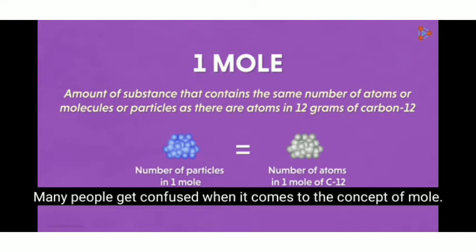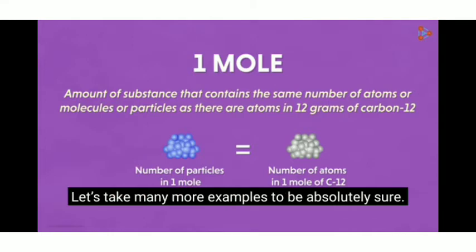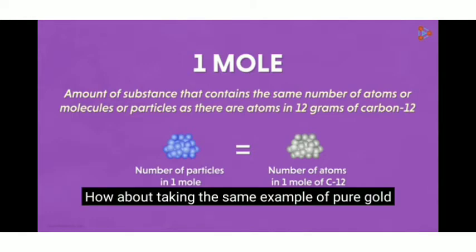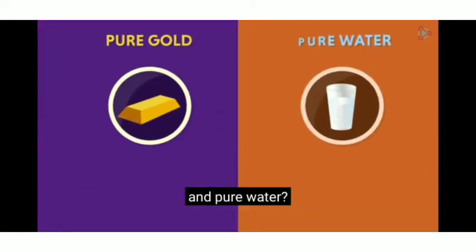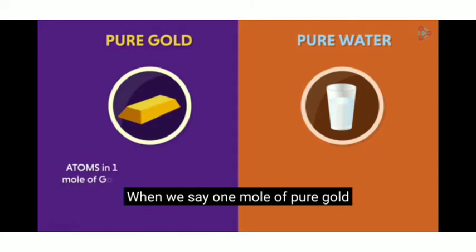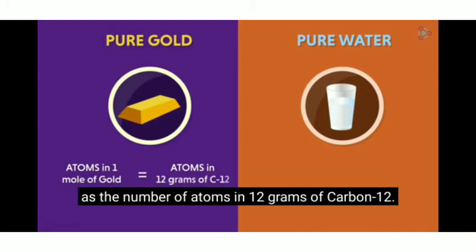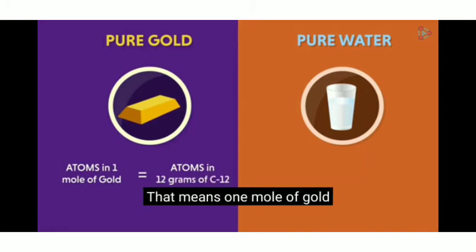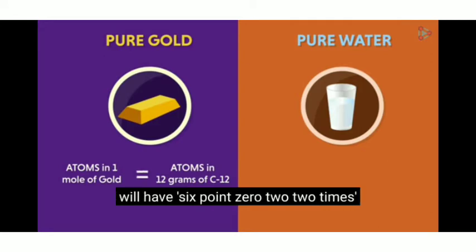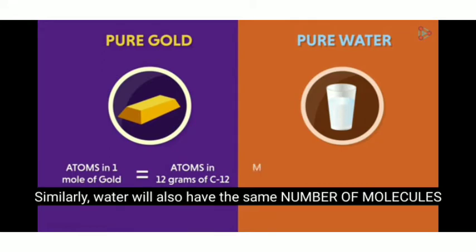Many people get confused when it comes to the concept of mole. Let's take many more examples. How about taking the same example, pure gold and pure water? When we say 1 mole of pure gold, then according to the mole it will have the same number of atoms as in 12 grams of carbon 12. That means 1 mole of gold will have 6.022 into 10 raised to power 23 atoms.